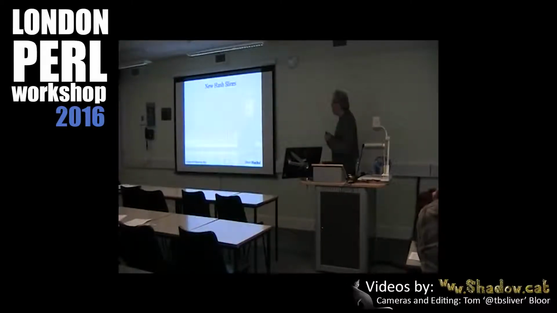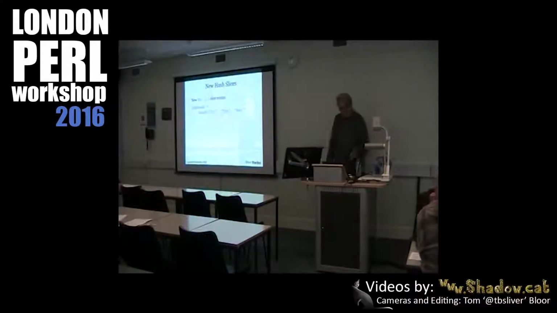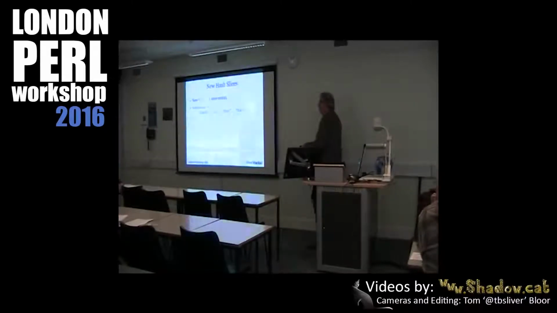But now we have these new hash-style hash slices and array slices, which look a bit like the old hash slice syntax, but with a hash sign, a percent sign, rather than the array symbol at the start. And what this does is give you a hash back, rather than just a list of values.